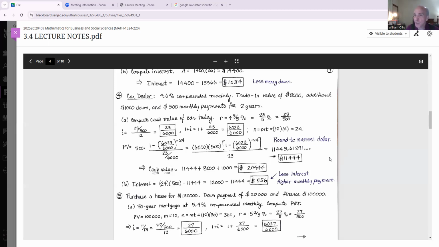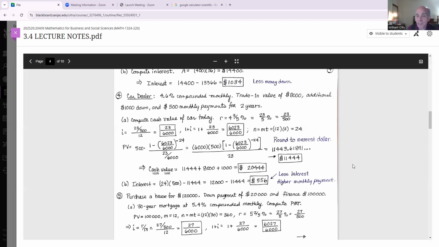Now, when you think of this, you're thinking, well, what's the cash value? Now, we've moved the payments forward to present day, or actually backward. We've taken them from the future and moved them up to present day. And also we've got our trade-in value of 8,000, and then we have this down payment of 1,000.